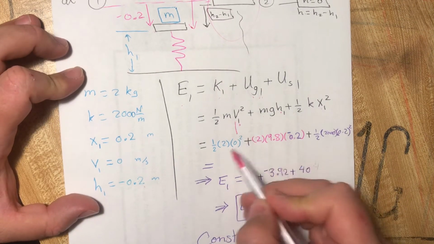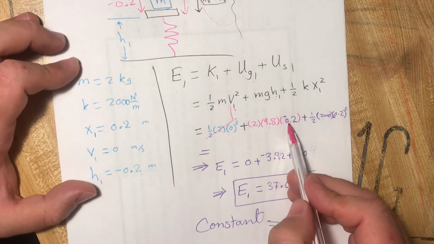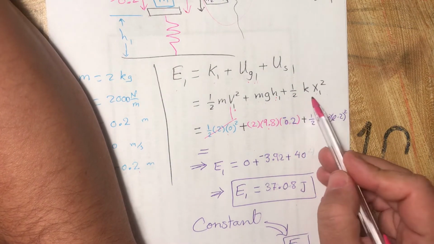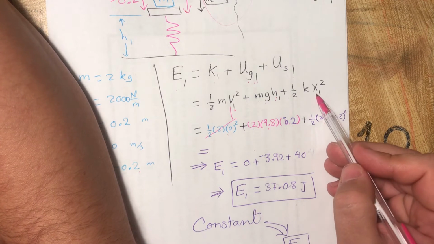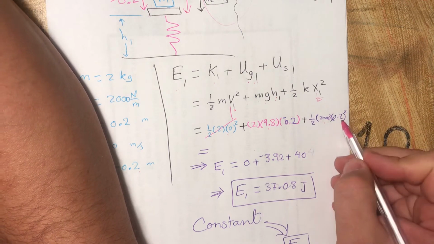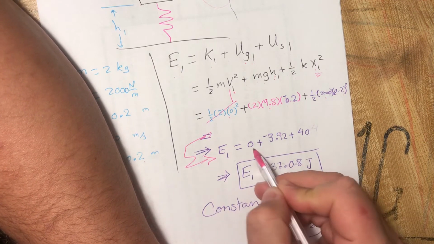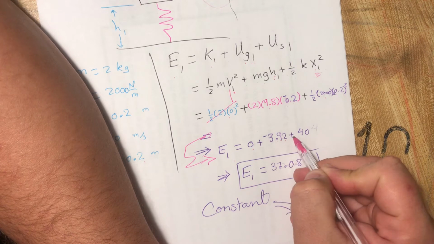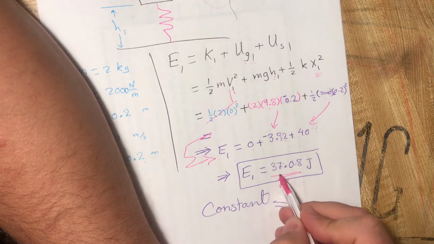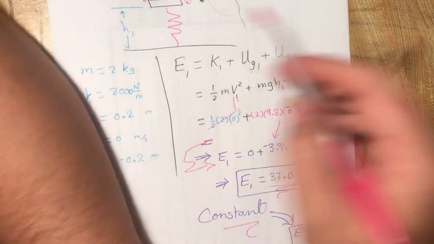The velocity is 0, so this term will be 0. m is 2 kilograms, g is g, h is negative 0.2, plus half k, which is 2000, and the compression distance, 20 centimeters, 0.2 squared. So my mechanical energy is equal to 0, negative 3.92 plus 40. This is 40 and this is negative 3.92. So the total mechanical energy for this system is 37.08 joules, which is constant between any two situations.